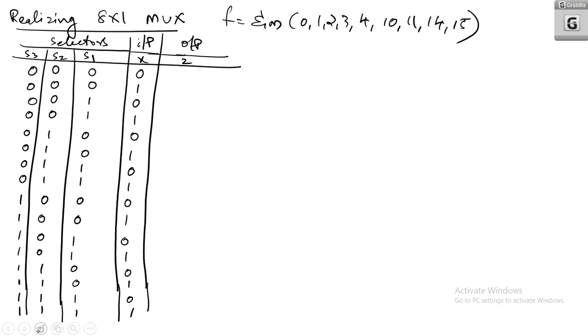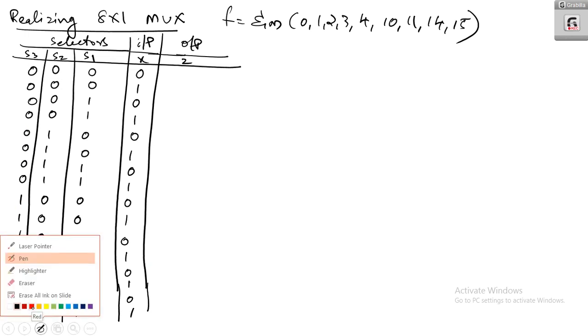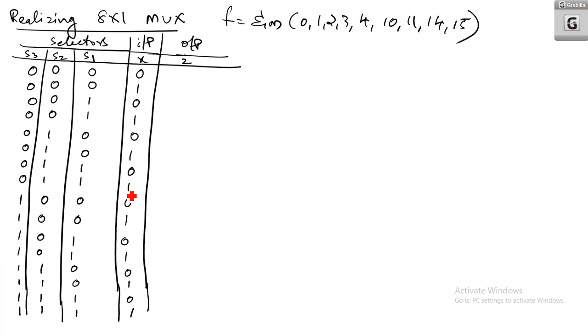Now I am just giving the outputs, with the decimal equivalents 0 to 15. For D0 my output is 1, D1 it is 1, D2 it is 1, D3 it is 1, D4 it is 1, D10 it is 1, D11 it is 1, D14 it is 1, and D15 the output is 1. For all others the output remains 0.